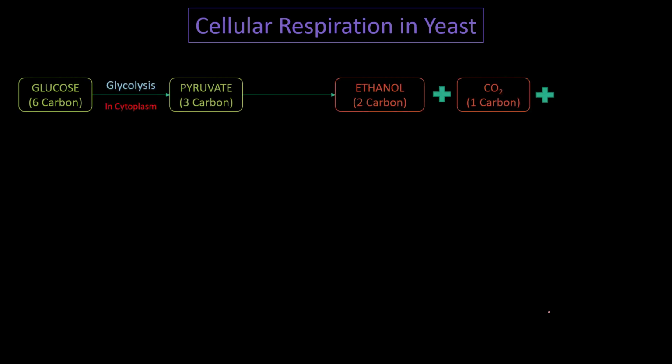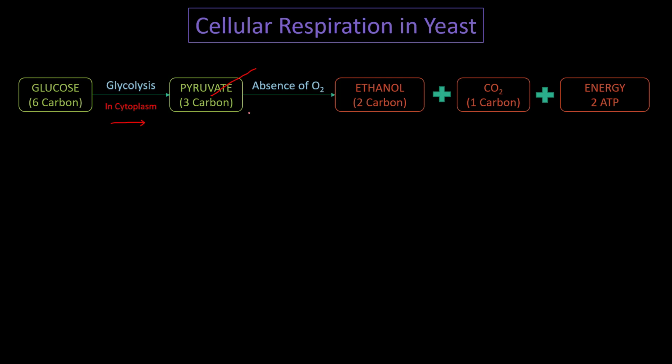Let us begin by seeing 3 different situations. In the beginning, let's talk about the condition where there is no oxygen, as in the case of yeast. Here the glucose gets converted into pyruvate, the common process, glycolysis.